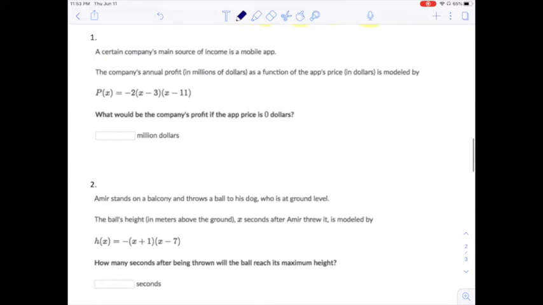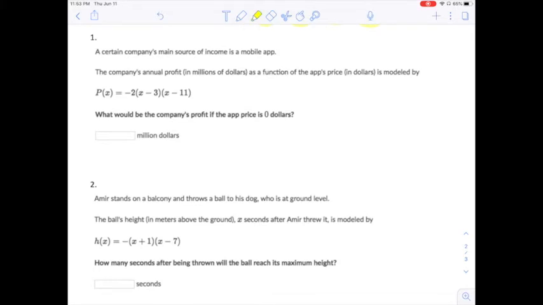When you look at number one: a certain company's main source of income is a mobile app. The company's annual profit as a function of the app's price is modeled by this, right? From here I'm going to figure out my input and output first.